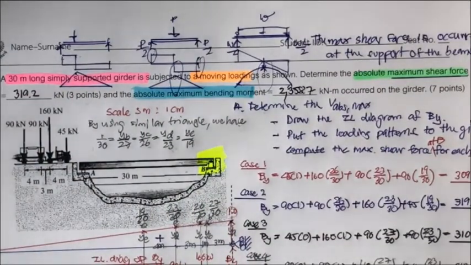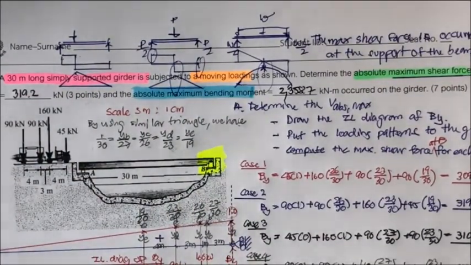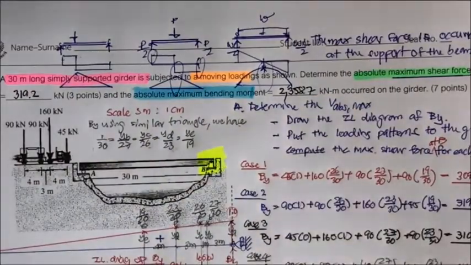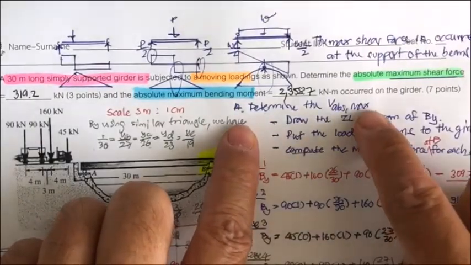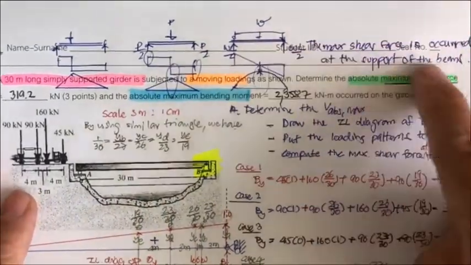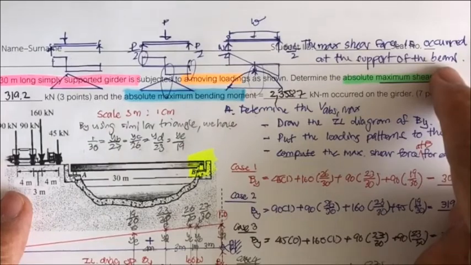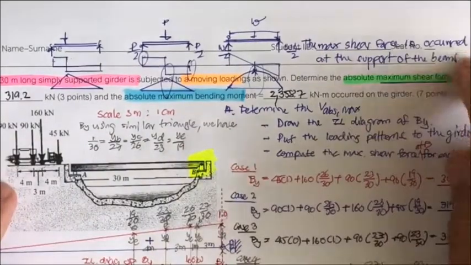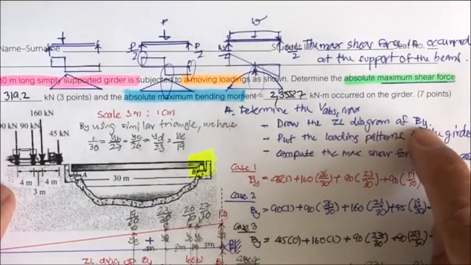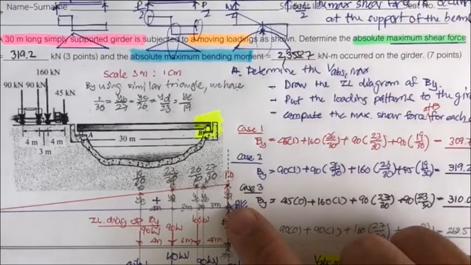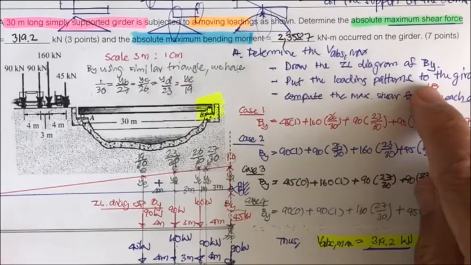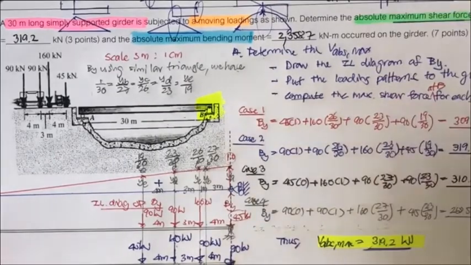So if this is the case, what did we do for the absolute maximum shear force? We use the concept that maximum shear force occurs at the support of the beam. It may occur at A or B, but this time we take B. So we draw the influence line diagram of the B sub y. We get this, and then we put various loading patterns on the girder.